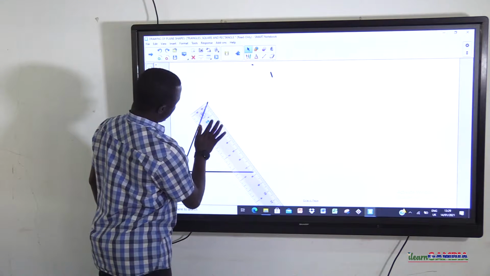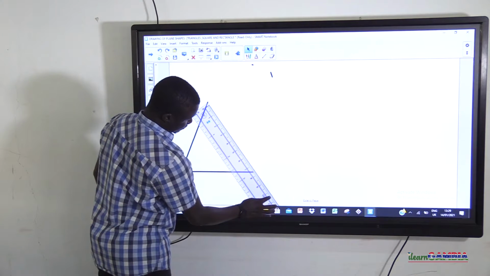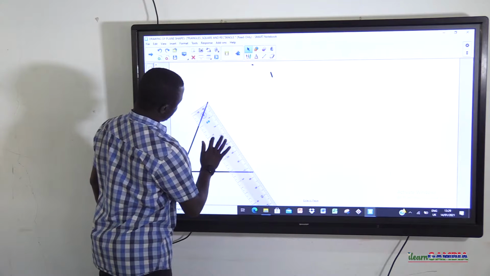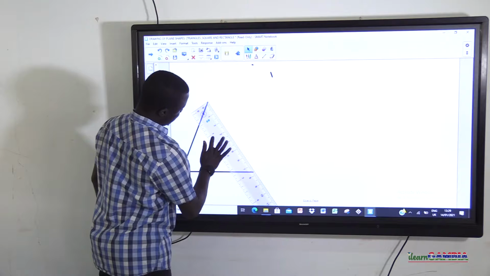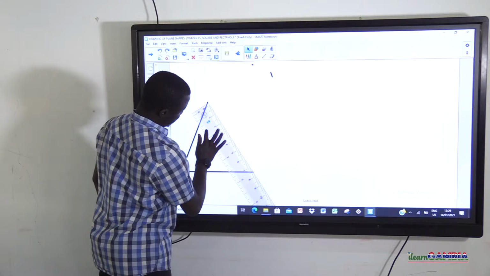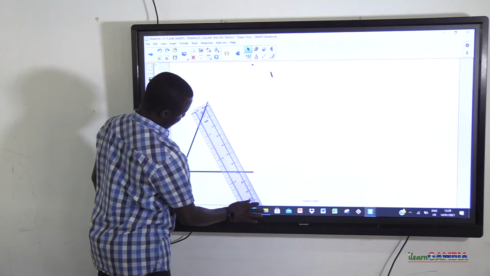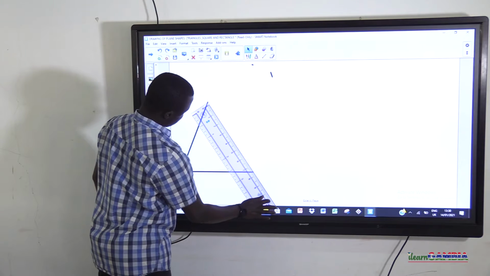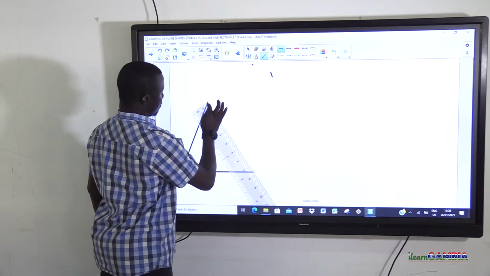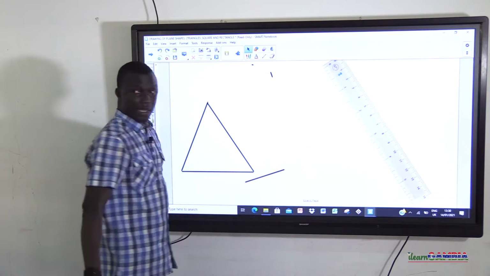Now we can draw our line such that we will have another 7 centimeters, such that our line will be exactly 7 centimeters. So we draw a line across to complete our equilateral triangle.